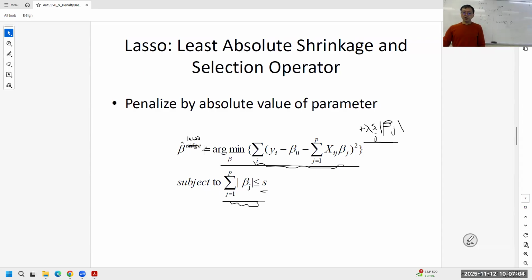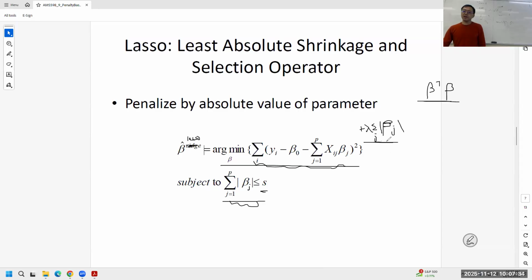For the lasso regression, by making this small change, changing the penalty from the square term to the absolute term, it actually makes the whole thing very hard to solve. For the ridge regression we have a closed form solution, because with beta transpose beta we can apply the derivative, since it's a smooth function.